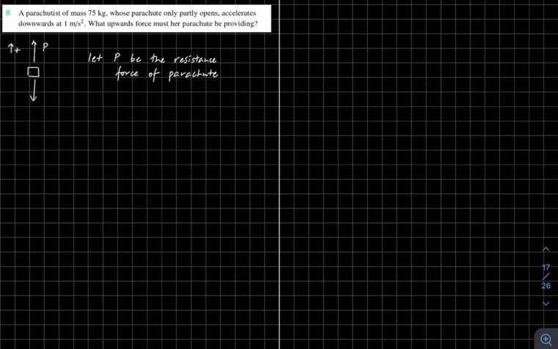Downwards, what's acting downwards? Well, downwards is just mass times g, isn't it? So 75g is the force that's acting downwards on the parachutist.